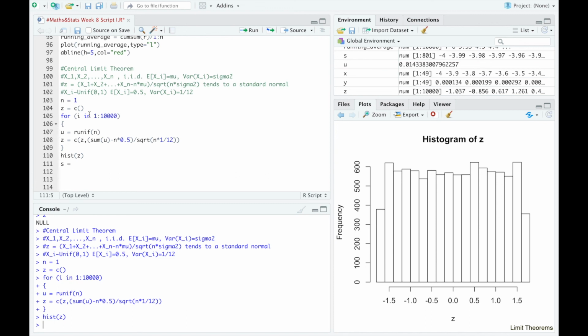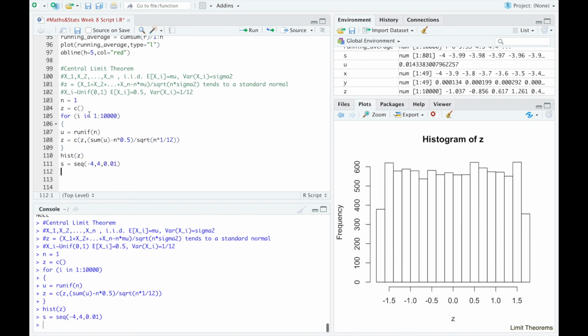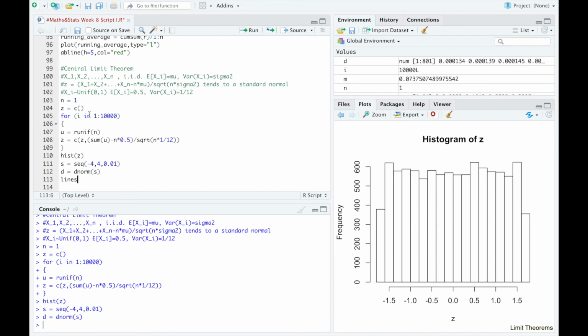We define a sequence from -4 to 4 with increments of, let's say, 0.01. And then d will be dnorm, the density of a normal distribution evaluated at these points. And of course, we use the command lines.